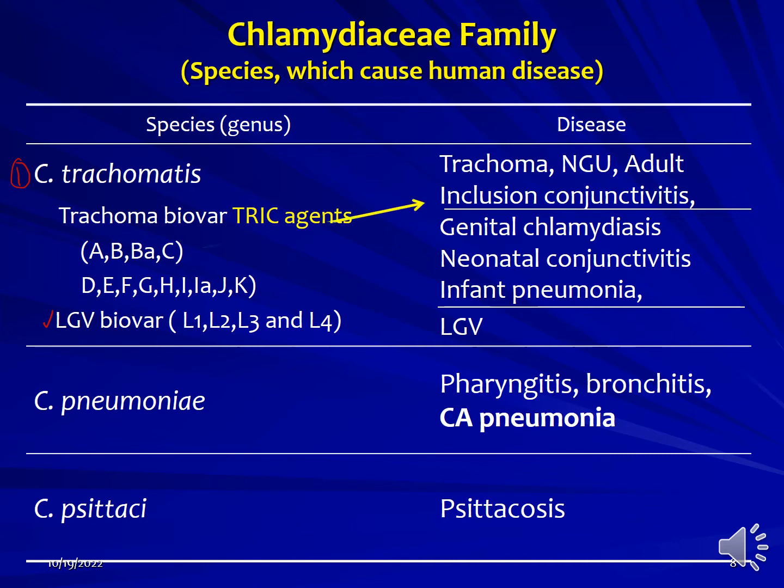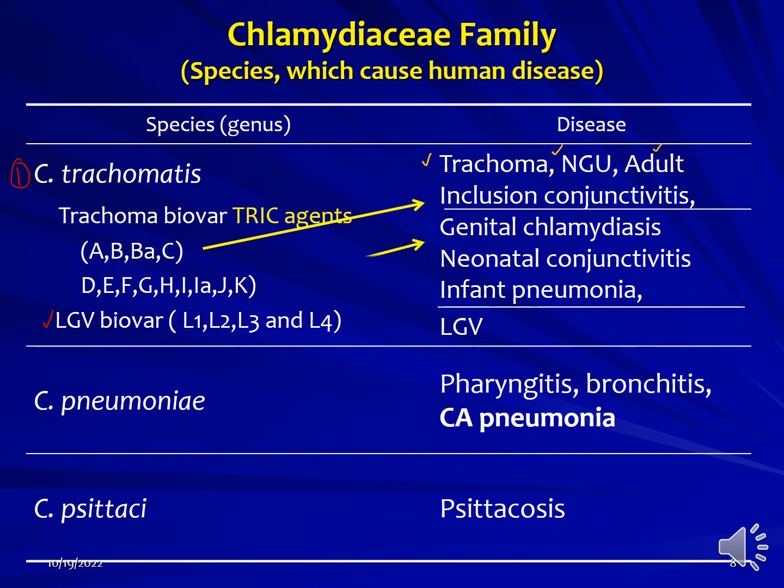The trachoma biovars, also known as TRIC agents, like A, B, Ba and C, are responsible for trachoma and non-gonococcal urethritis and adult inclusion conjunctivitis.